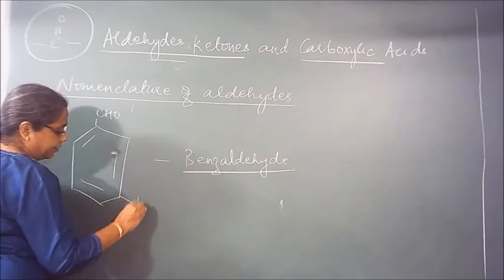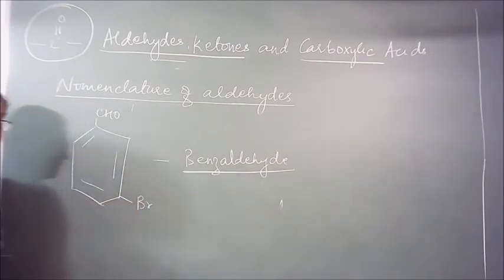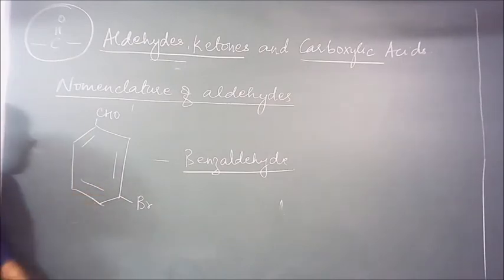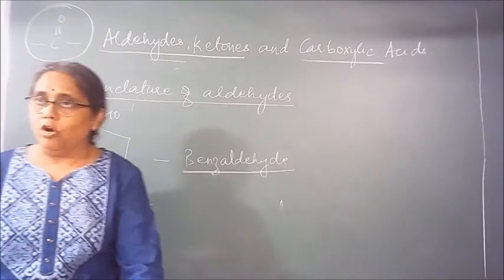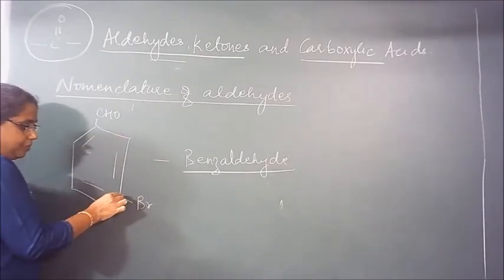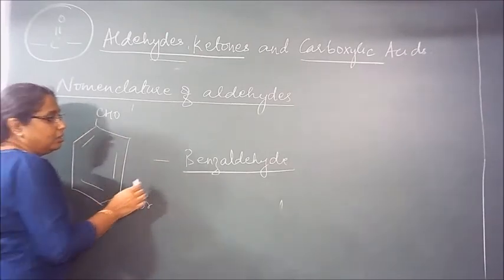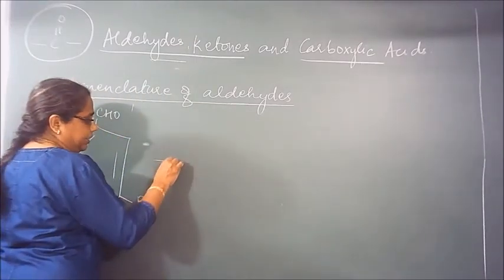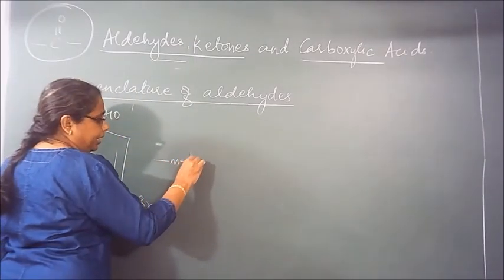Now in this compound I will add bromine. Please rewrite it again. You have a CHO and a Br. So this will be called what? In the common system of nomenclature, you know this is ortho, this is meta, this is para. So this will be called meta-bromobenzaldehyde, common name.